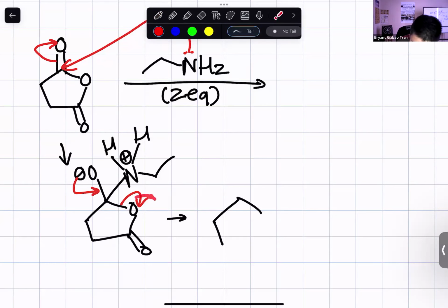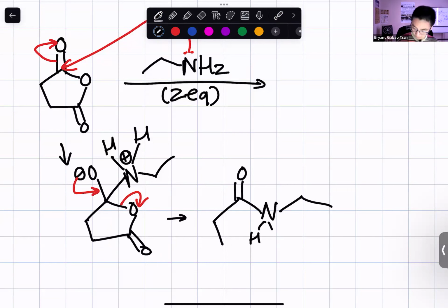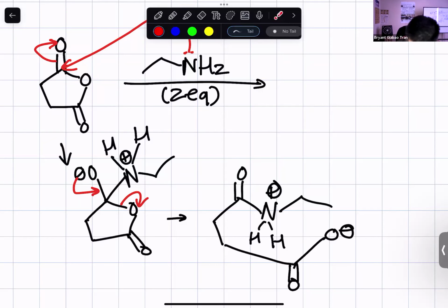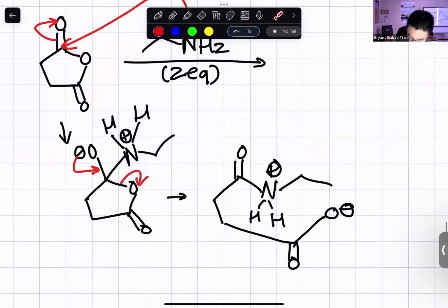Right, and this is a very good leaving group because when it leaves, it's going to leave with a negative charge that can do resonance with the carbonyl. Right, so this is considered a good leaving group because it can do resonance with the carbonyl nearby like that.